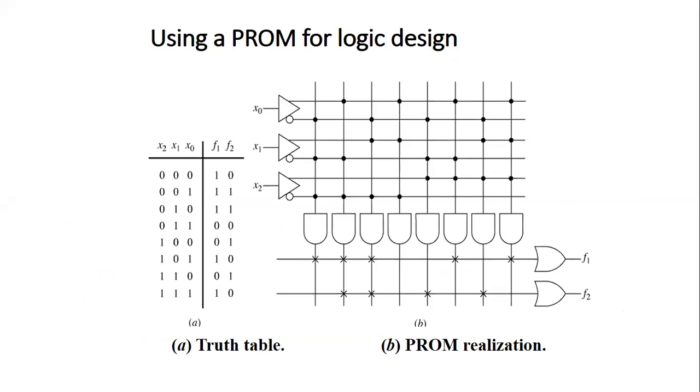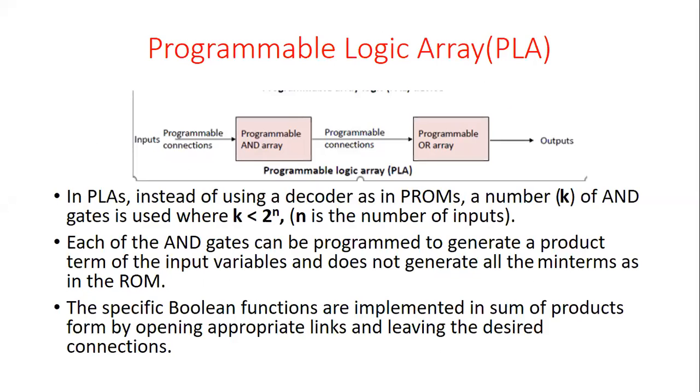But here, if we take n number of inputs, in total you are going to get 2 power n AND array terms. But those 2 power n AND terms are not necessary for generating any type of application. That's why in this PLA we are converting that fixed AND array into a programmable AND array.